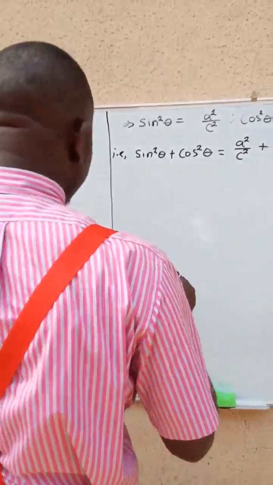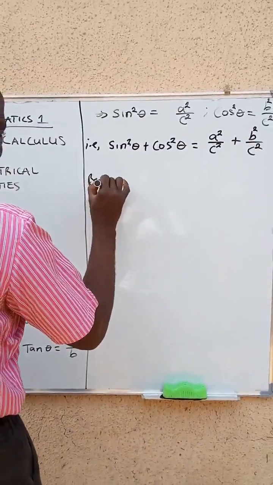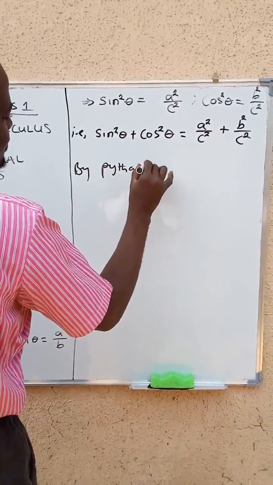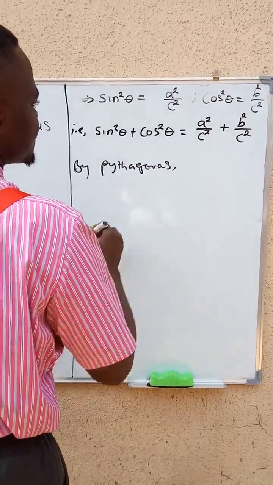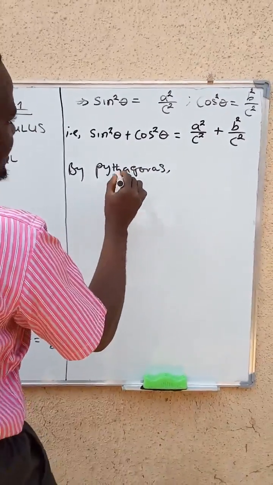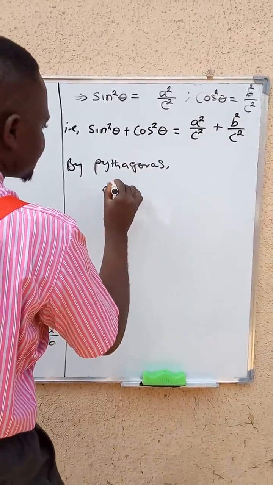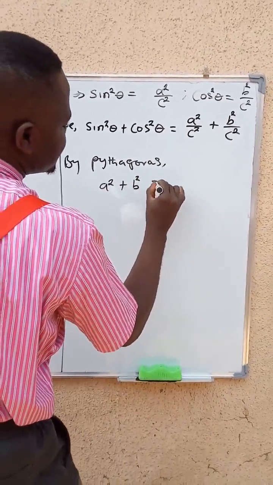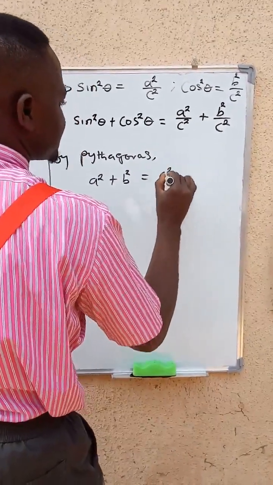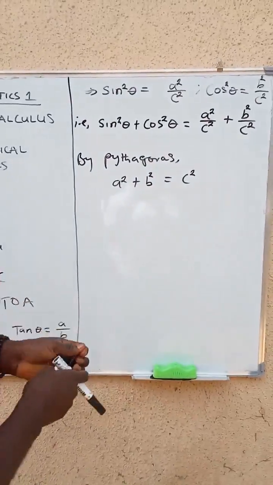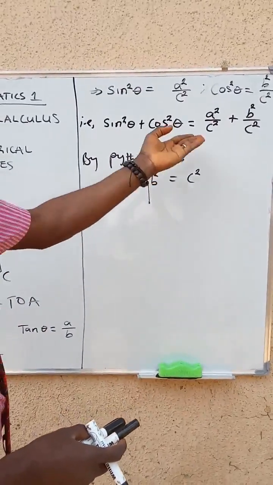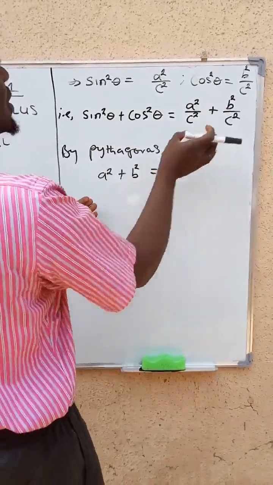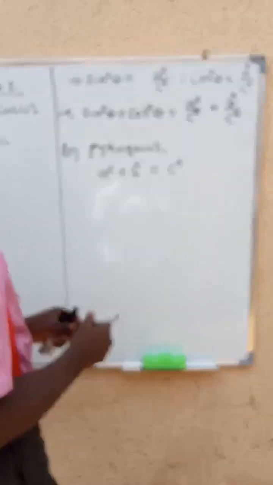So he said that A² plus B² is equal to C². This is what he said. Now, if I'm to use this, it means that the whole of this C² is what is A² plus B².